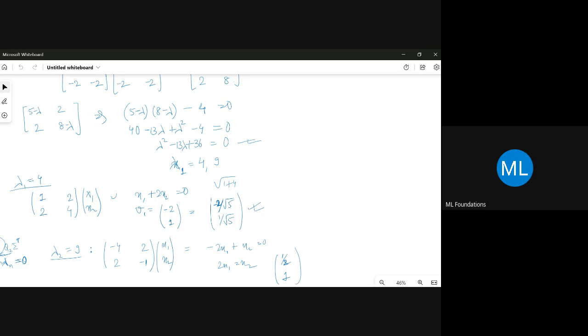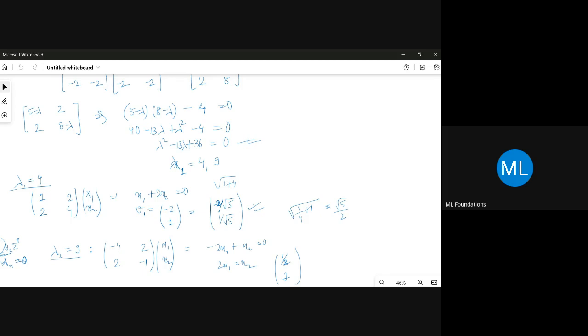Now what is the length? It is 1 by 4 plus 1, which is 5 by 4. 2x1 minus x2, it is, no? In the equation, what you have written, minus 2x1 plus 2x2, which is minus 2x1 plus x2.